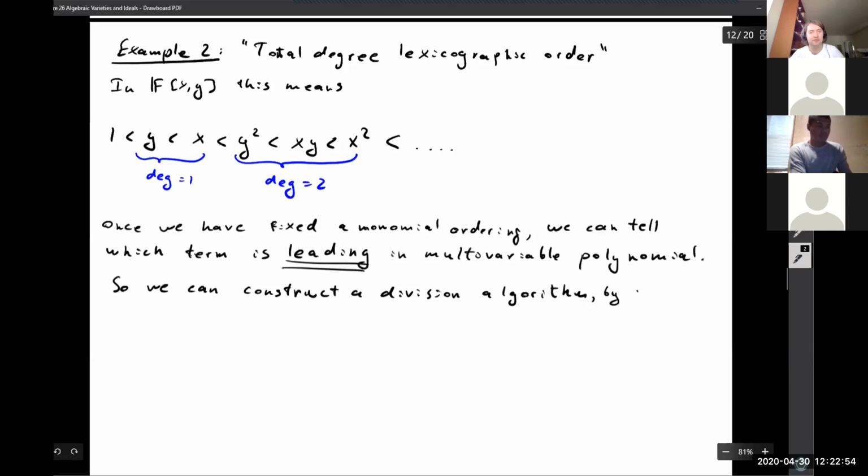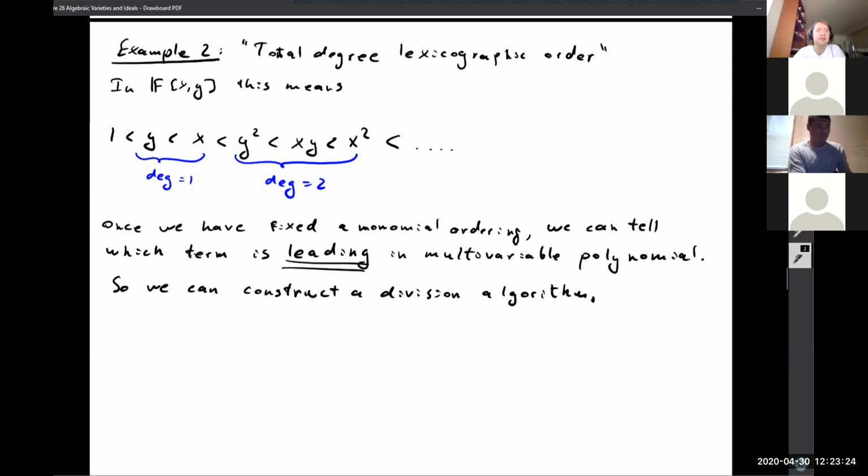We basically start with the polynomial and always look at the leading term and make it cancel. If we have two polynomials, f of x and g of x, we look at the leading terms of both of them and multiply g by a certain factor to cancel the leading term of f of x, and continue.